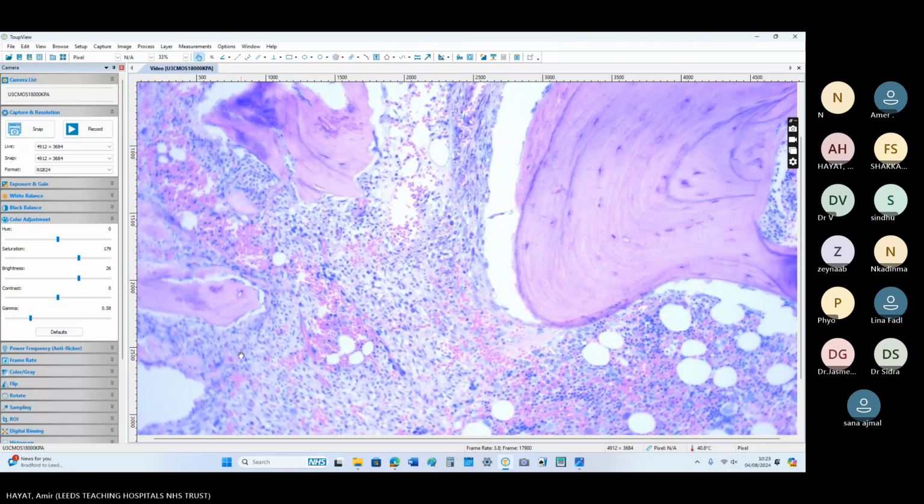So now, how would you report this trephine? Adequate length trephine biopsy with slightly thickened bony trabeculae, and slightly higher cellularity for the age. I can see altered background fibrosis, which is prominent in the peritrabecular areas.